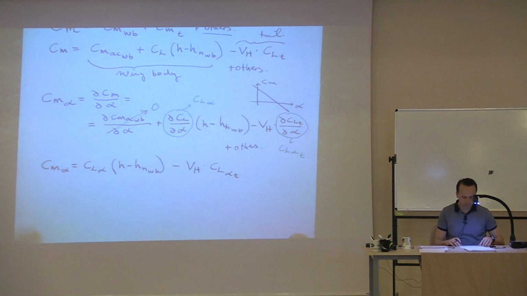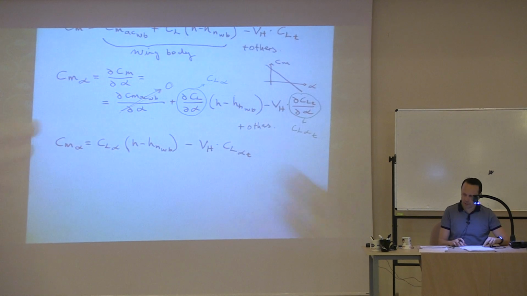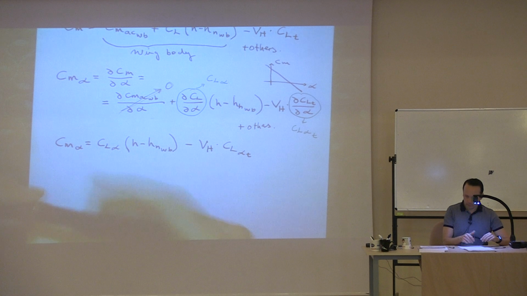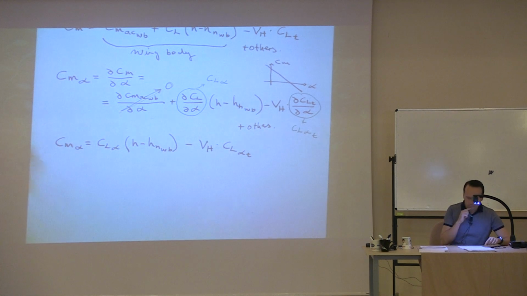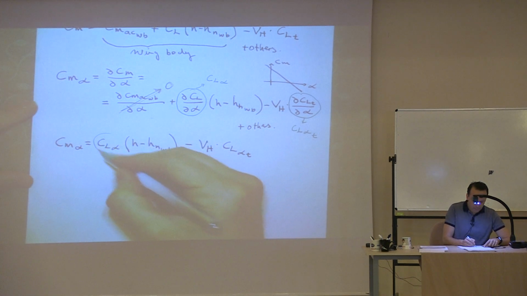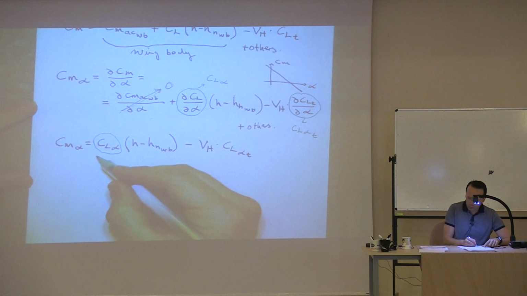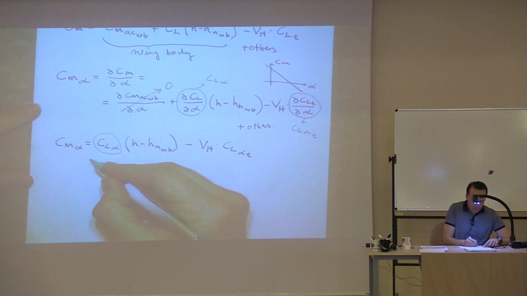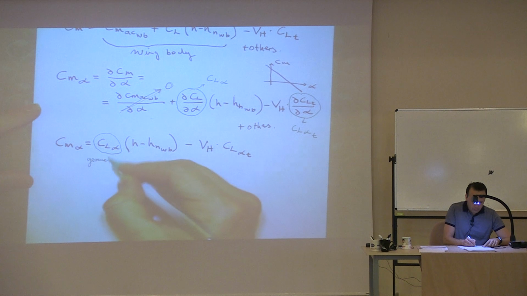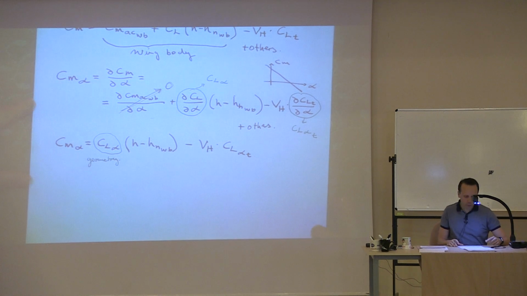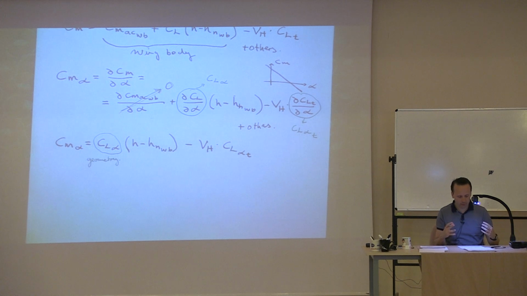If you look at this equation now, a few things. First of all, this one here has something to do with the geometry. Like what your wing body looks like in terms of Cl versus alpha, so it has something to do with the shape of your airplane.